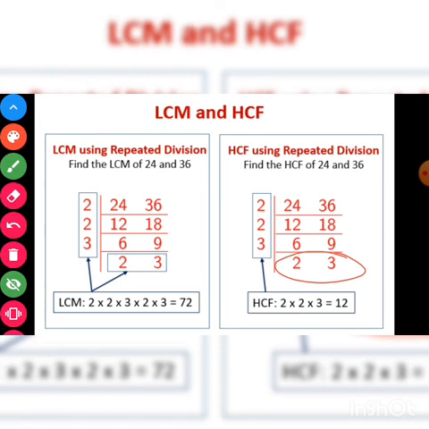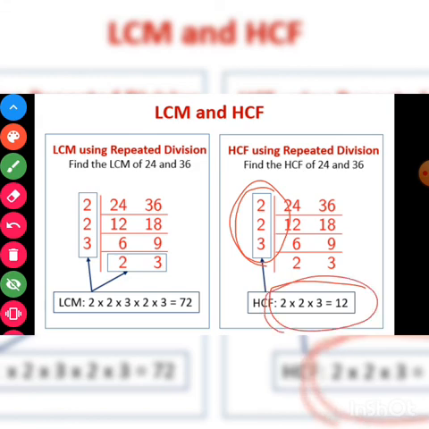So we have to stop here only. Now these are the leftover numbers. We will not touch them. We'll only use the common factors we got, and the common factors we got are 2 into 2 into 3. So let us multiply it. 2 into 2 into 3 will give you 12. So 12 is the HCF of the given numbers.